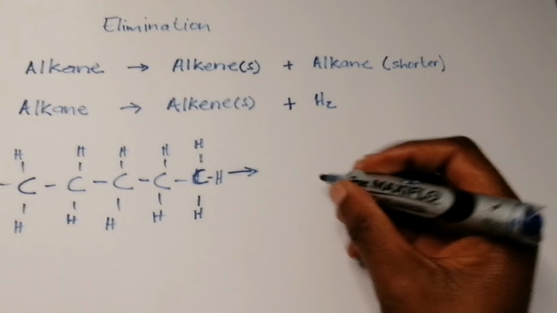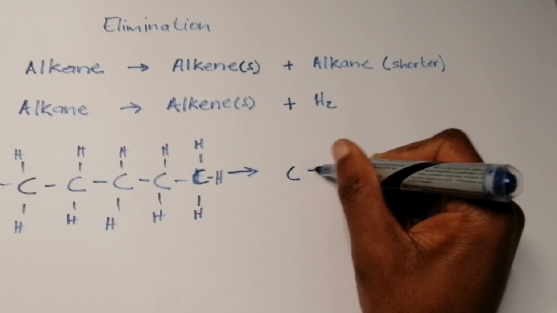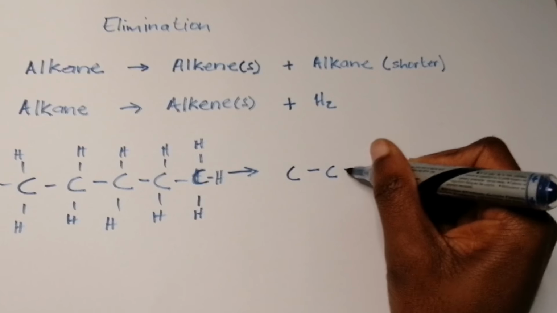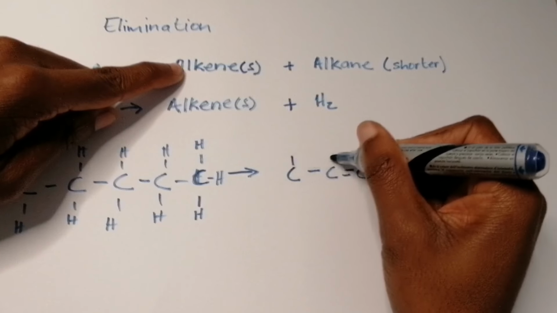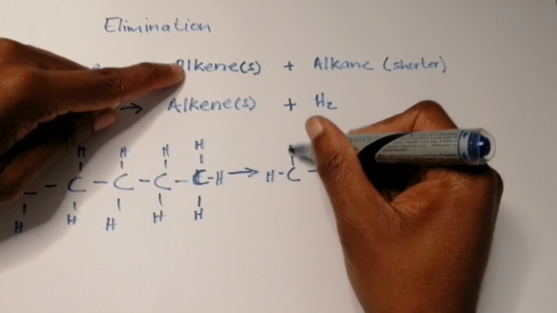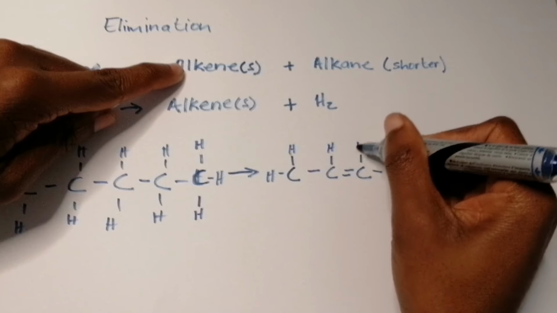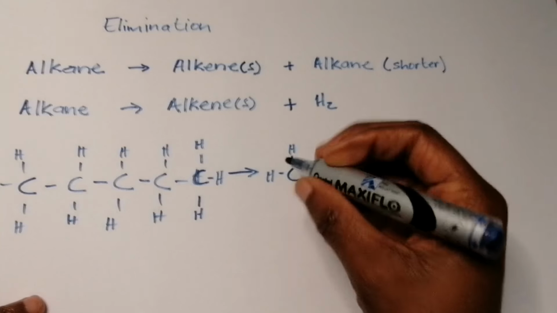Okay, so now one of the products that you can form is, we said, an alkene, right? Please, I want you to note. So we can form an alkene through an elimination reaction.